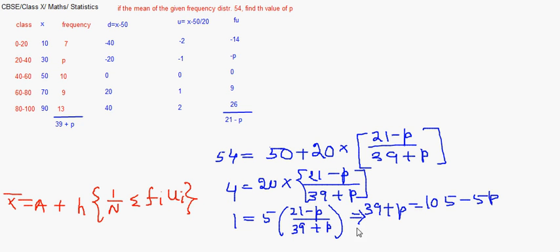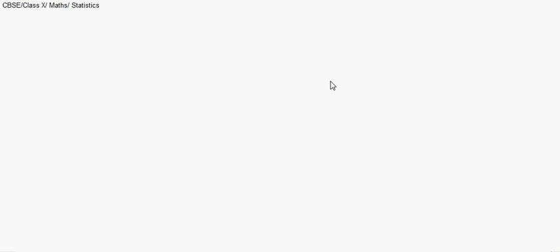If I change sides, I'm getting 6p equals 105 minus 39, I think is 66. So p becomes 11. So the answer for the question, finding the value of the p, becomes 11. Let's move on now to calculations of median.